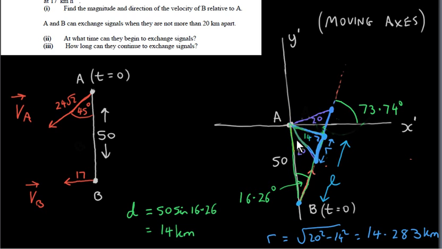We see that it's right angled, of course. The hypotenuse is 50. This side here is 14. We just calculated D earlier, it is 14. So we can find L by Pythagoras. L is the square root of the hypotenuse squared minus this short side squared.